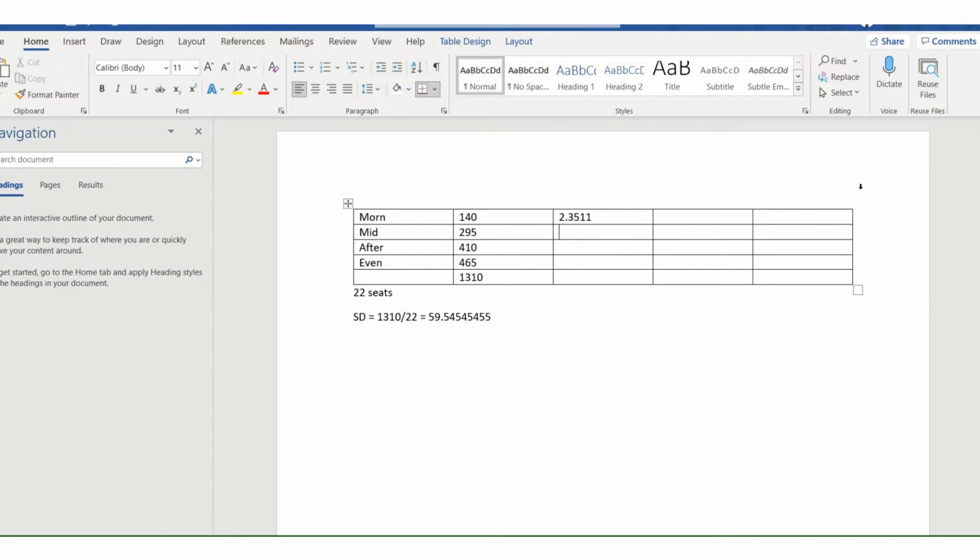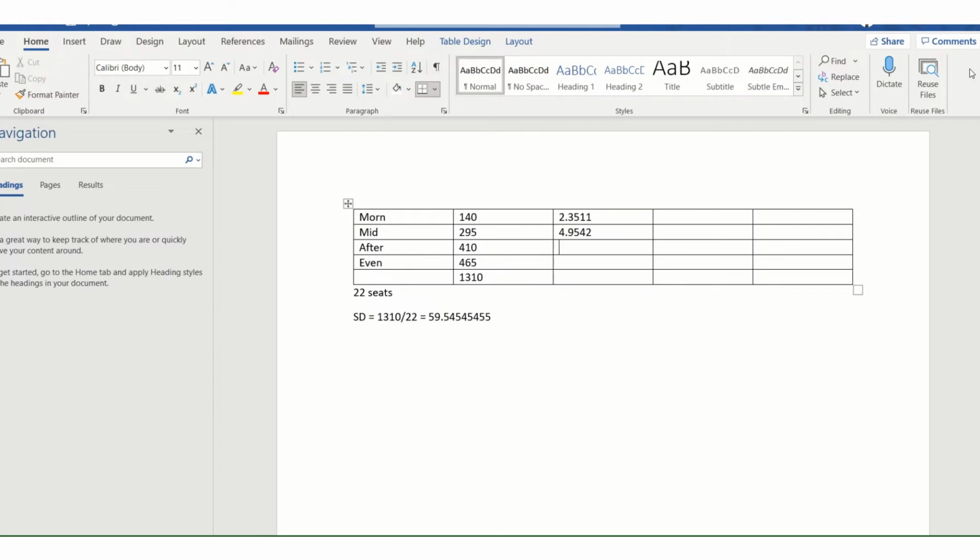I've got a mistype. Easy to do when you've got so many decimals. Okay, and that's 4.9542. And then let's do the 410 divided by that standard divisor, 59.54545455.